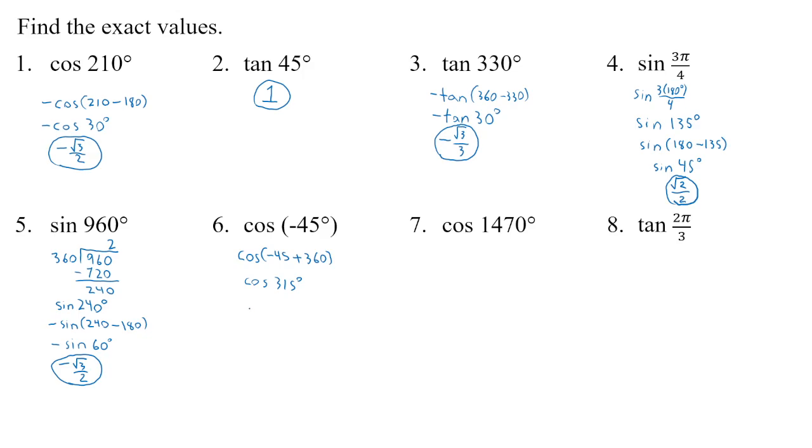So this is in the fourth quadrant. And in the fourth quadrant, cosine is positive. 360 minus 315 is 45 degrees, which will be the square root of 2 over 2.